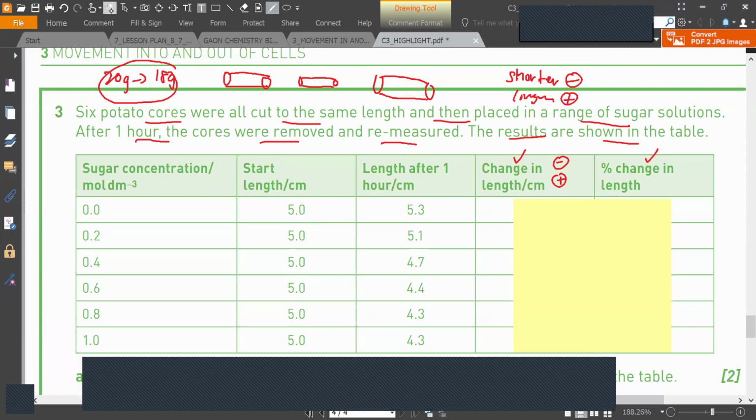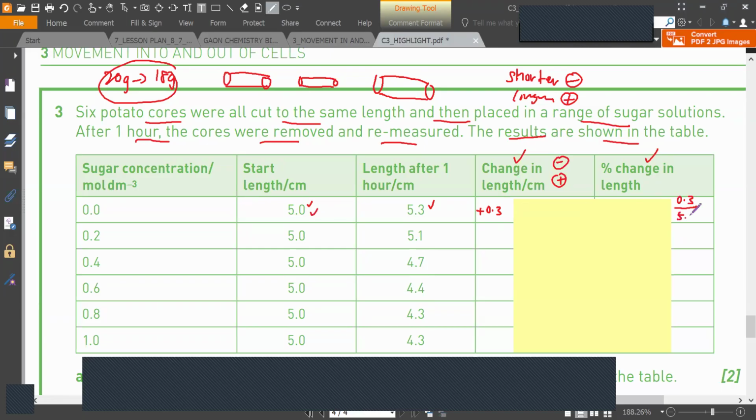Maybe I'll just demo one. Change in length: we're going from 5.0 to 5.3, so we increase by 0.3. We will say plus 0.3, an increase in length. How about percentage change? We change by 0.3, and our initial length is 5.